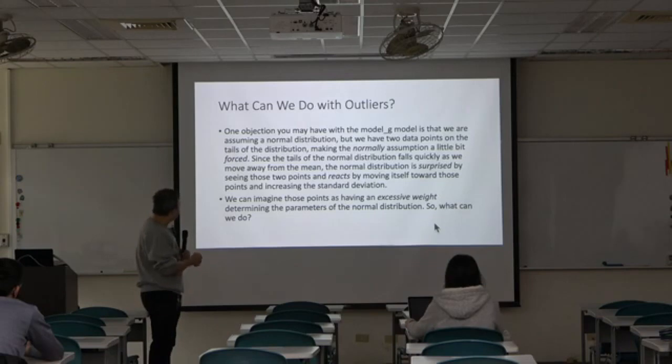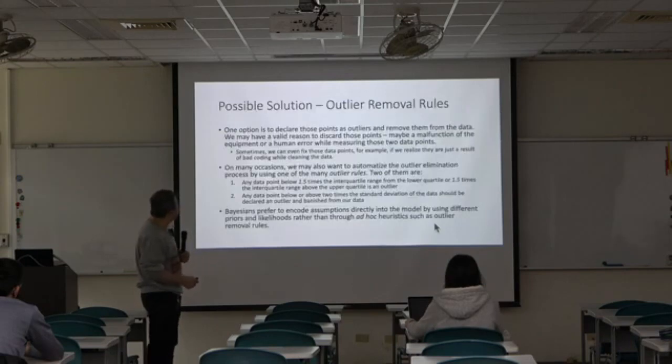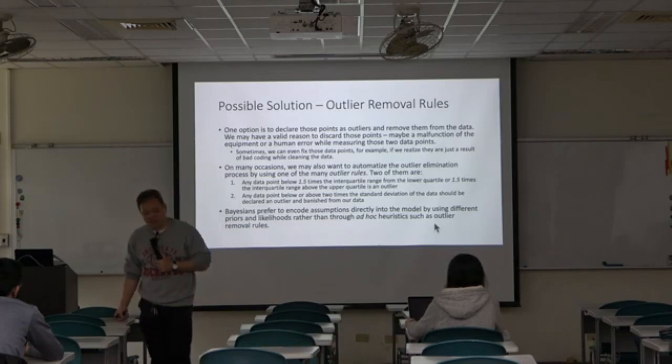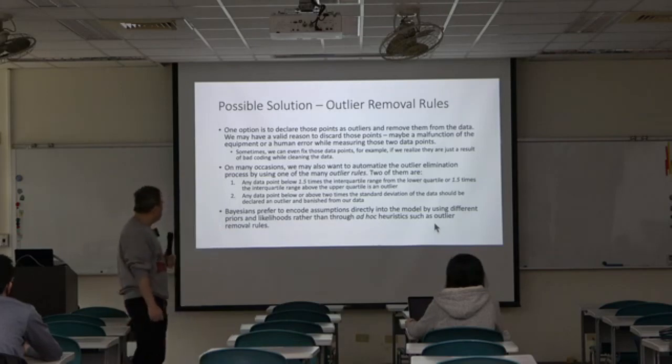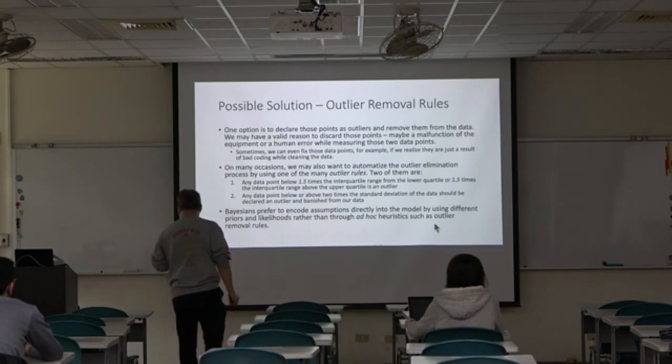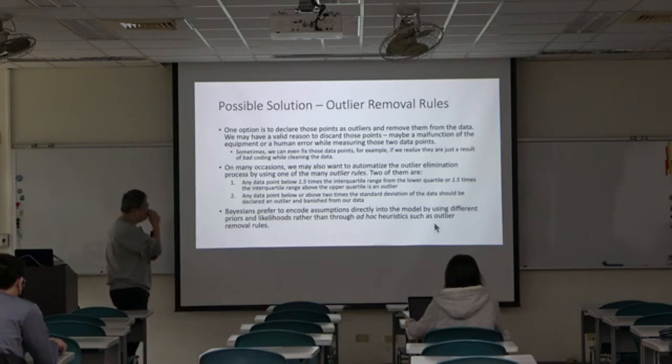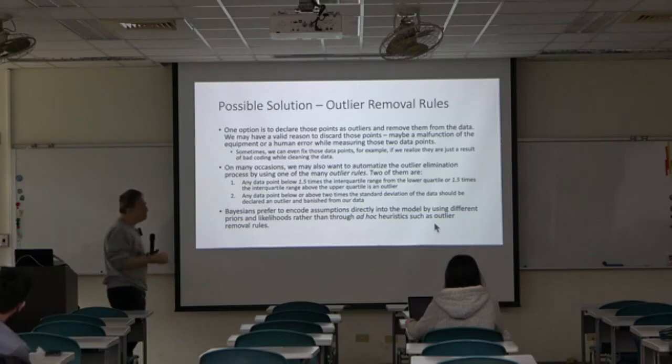One possible solution, we can remove those outliers. In statistics, there are rules that allow us to remove outliers. Or we can even fix the outliers, if we know exactly what causes those values to be like that.